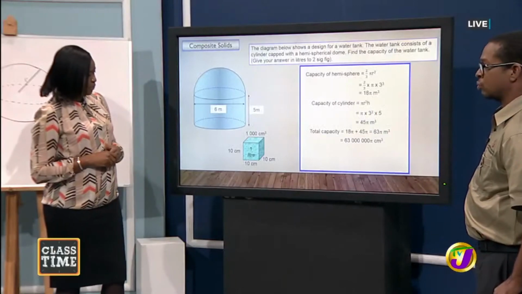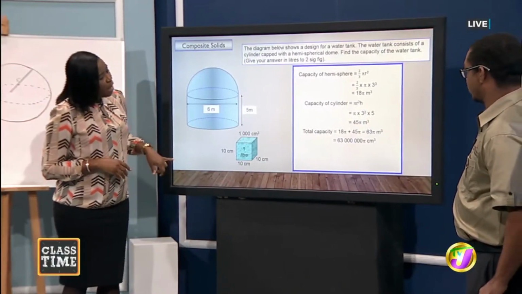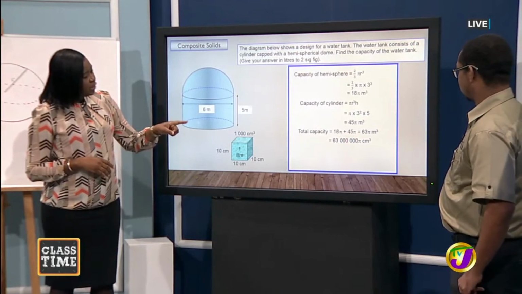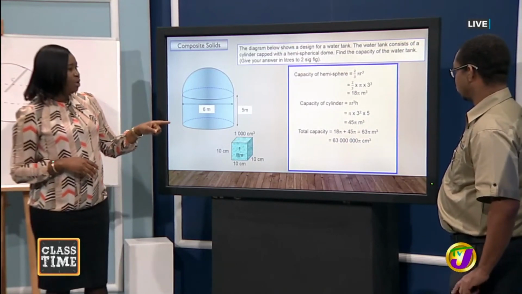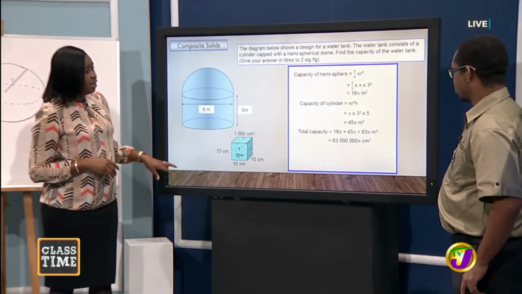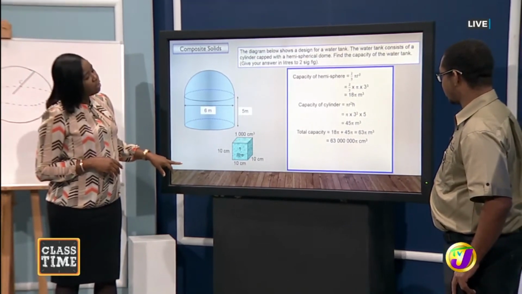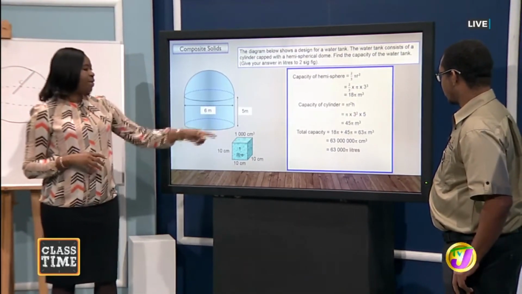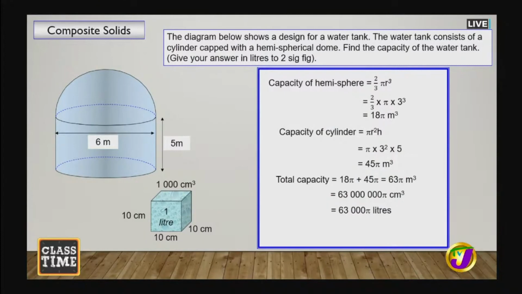So we need to change this 63 million pi cubic centimeters to liters, and we divide that by 1,000, and we'd get 63,000 pi liters.